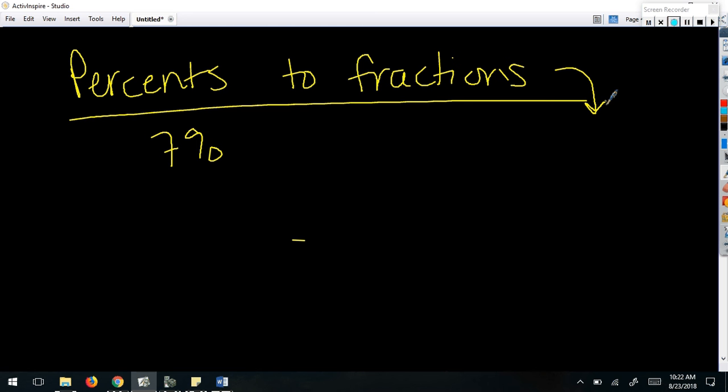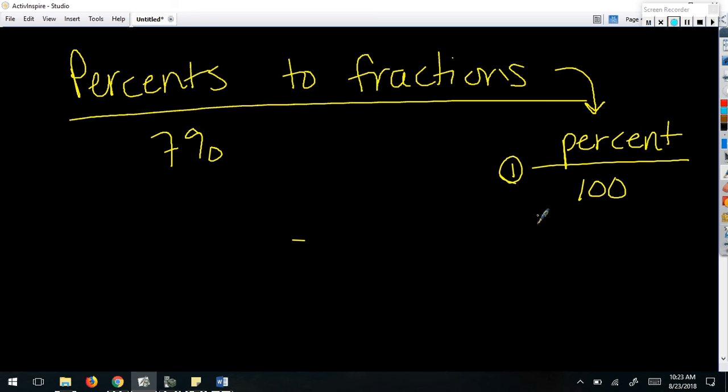So what you do is take the percent and divide it by 100, or put it over 100. That's all you have to do. So that's my first step. And then, of course, I look to try to simplify that fraction.